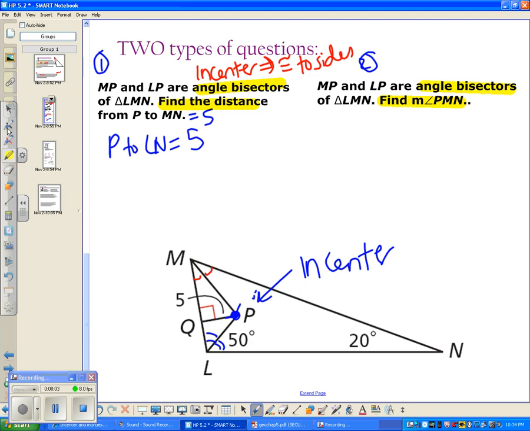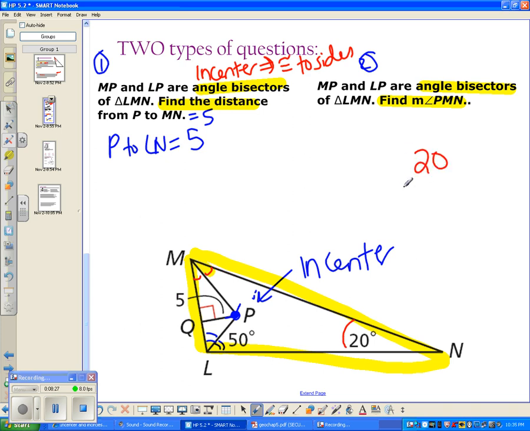Now we can use that to our benefit, because there's lots of ways you guys can do this, honestly. Angle PMN. PMN is this one right here, right? This is how I approach this problem. I look at the whole triangle, okay? And I know that all the angles have to add up to be 180 degrees. So I already know that this angle is 20. Sweet.